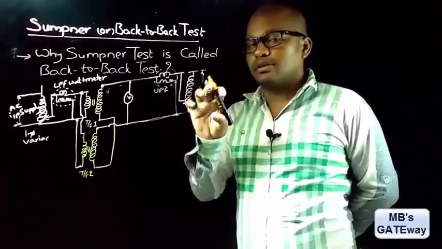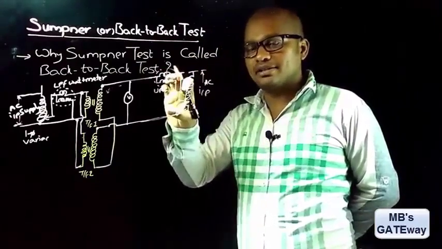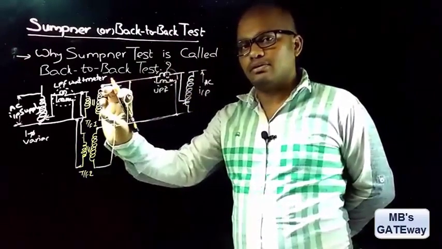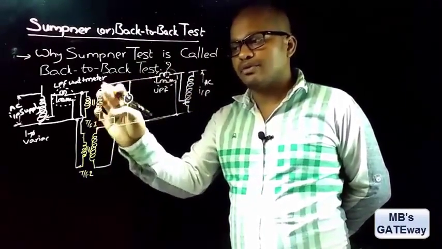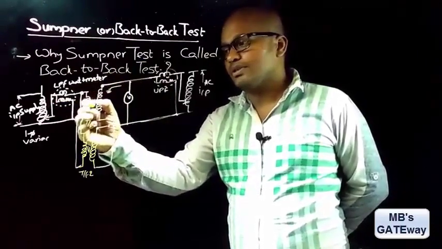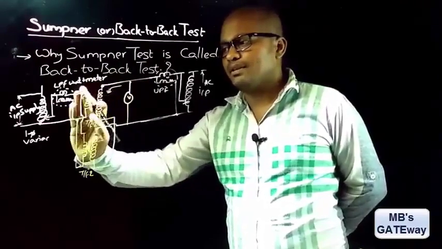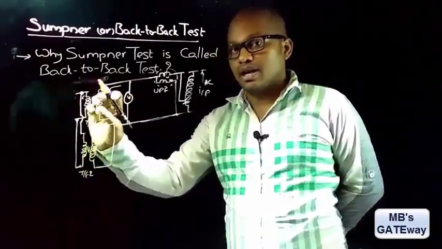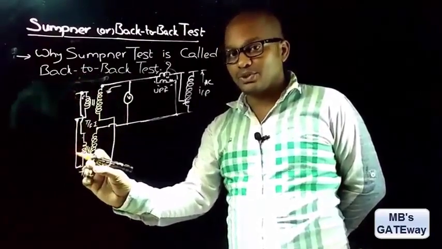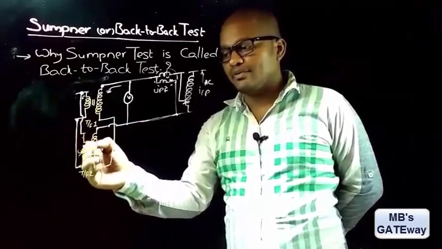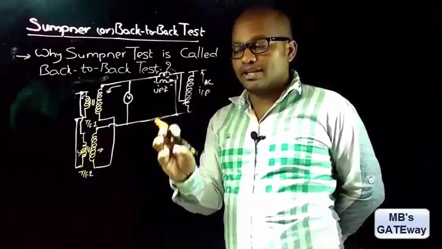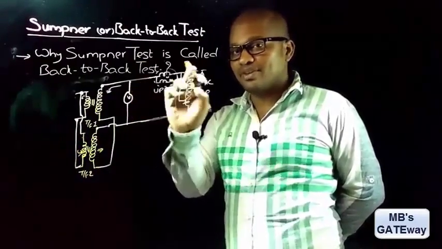And now observe that, let us suppose that input is provided from this side. So transformer 1 receives the input supply from this side, and as this side of the transformer receives power, this power is transferred to the other circuit, this side. For simplicity, let's forget this circuit, and now check that the output of this side is being received by transformer 2 as input, and as this side of the transformer is receiving power, this power is transferred to this circuit. Similarly, to make this side simple, let's forget this circuit.